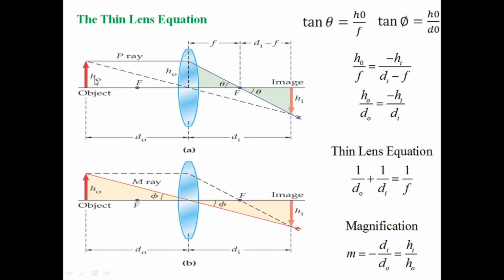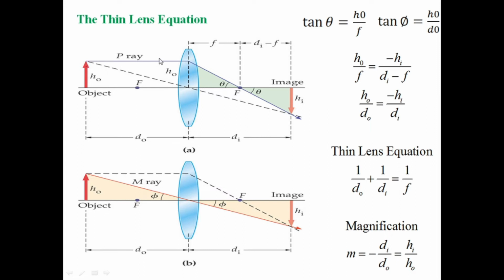So this is my height of the object in the 3D environment, h naught, and hi represents the height of the object in the image plane. There will be a ray that starts from the object.